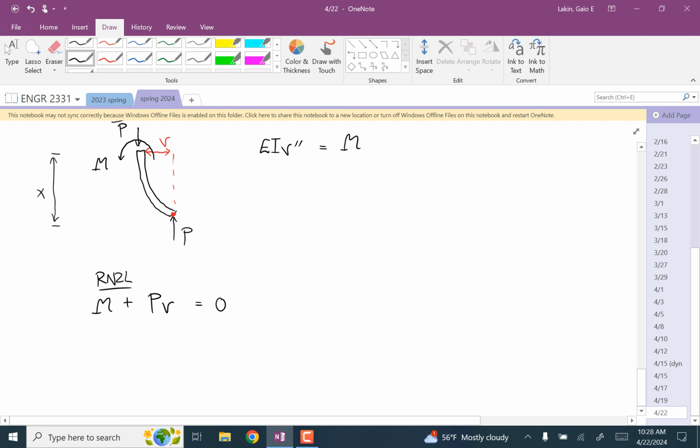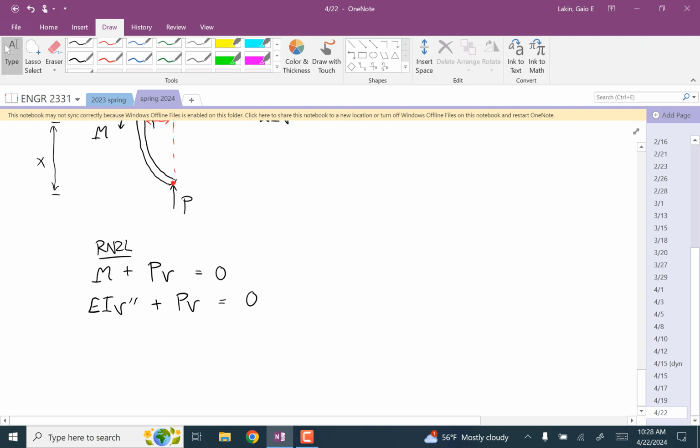And now we make the substitution, and we get that E, I, V double prime plus PV is equal to 0. You can rearrange that. I usually do V double prime plus P over EI times V is equal to 0.